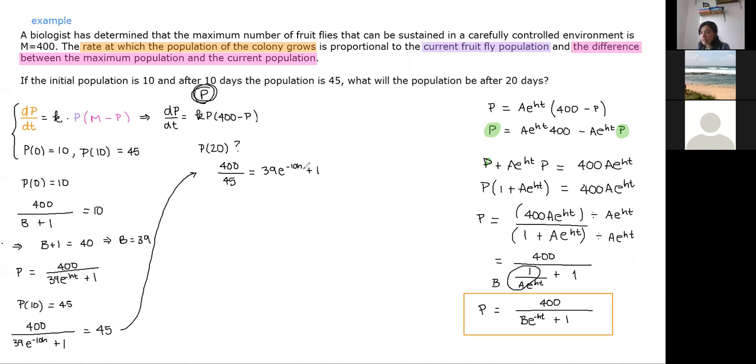And if I simplify this a bit, I'm going to have that 39 e to the minus 10h plus 1 is going to be equal to 400 over 45, which is the same as 80 over 9, if I divide both top and bottom by 5.